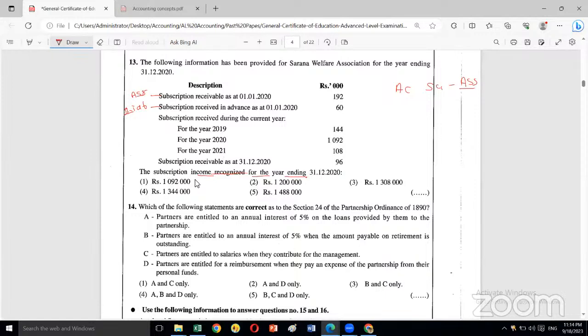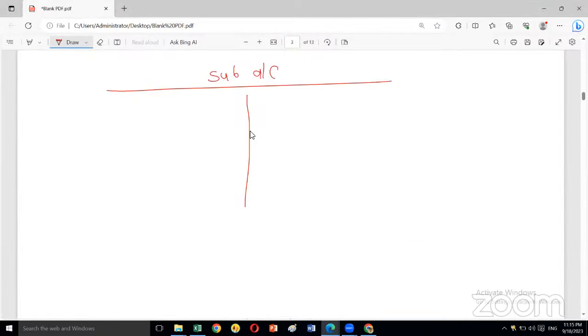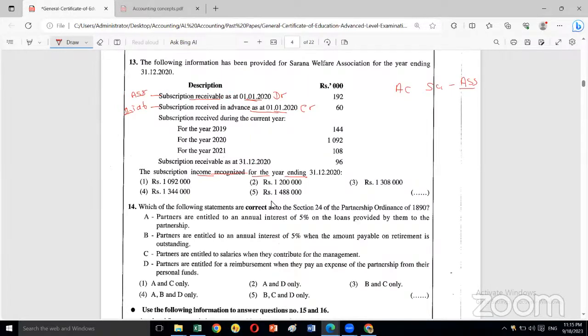So remember, for assets, the opening balance should be recorded on the debit side. For liabilities, the opening balance should be recorded on the credit side. Here they first gave you the opening balances. Subscription receivable is an asset, so the opening balance goes on the debit side, and the description for all opening balances is B/F.